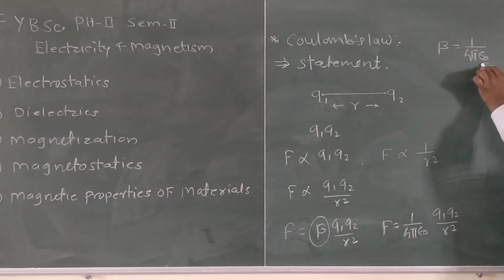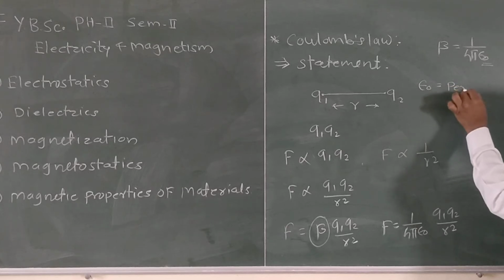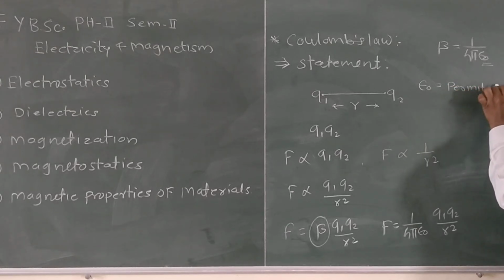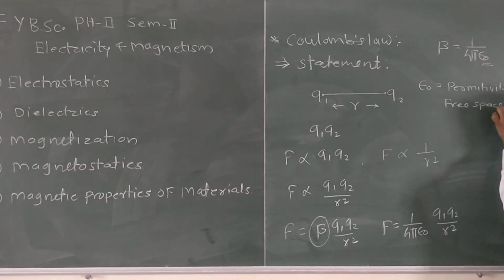Here this epsilon naught is called the permittivity of free space or vacuum. That means here we write epsilon naught equal to permittivity of free space or vacuum.